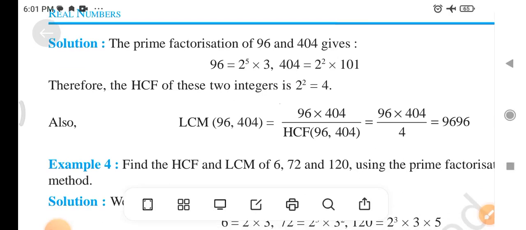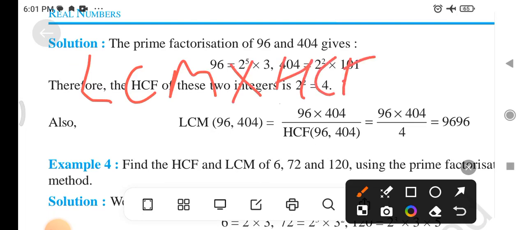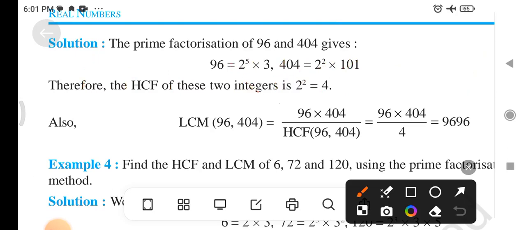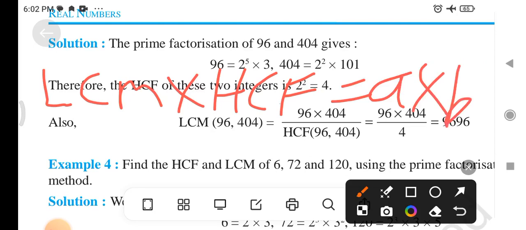So here LCM into HCF is equal to a into b.